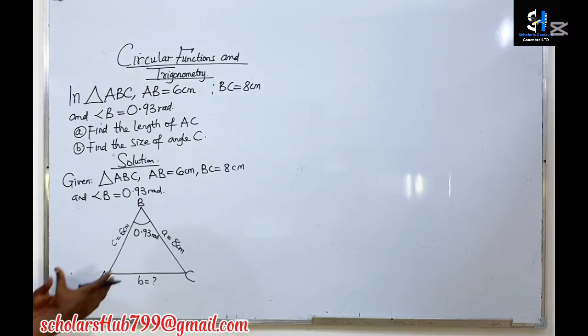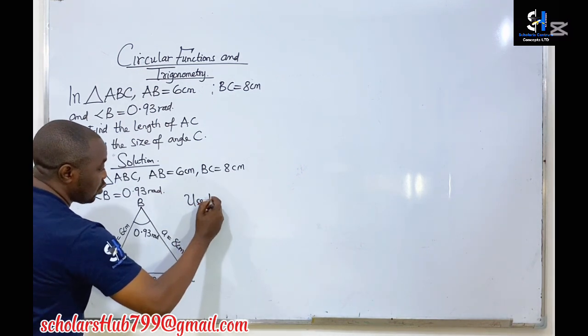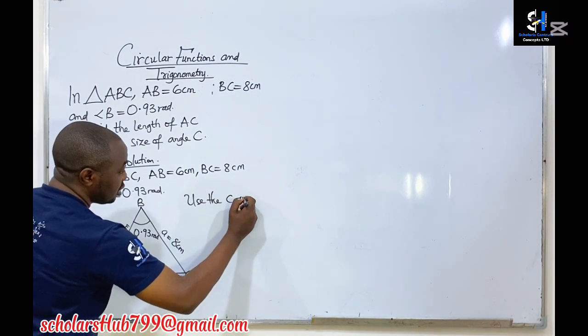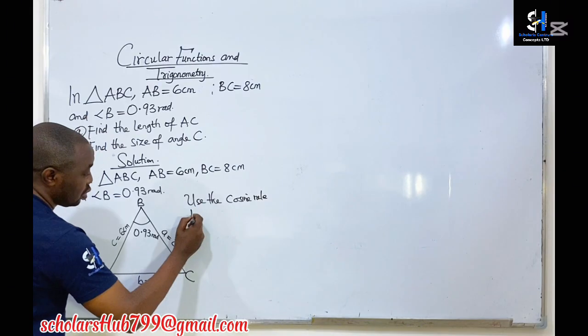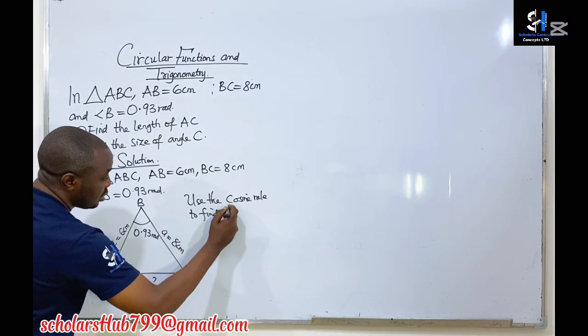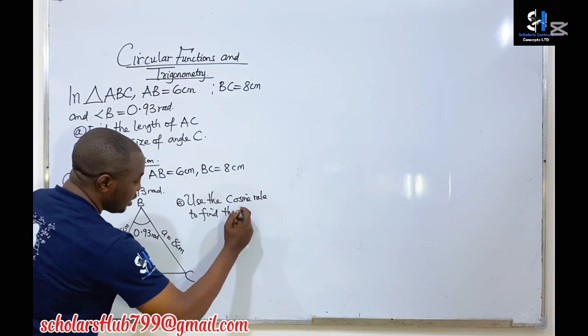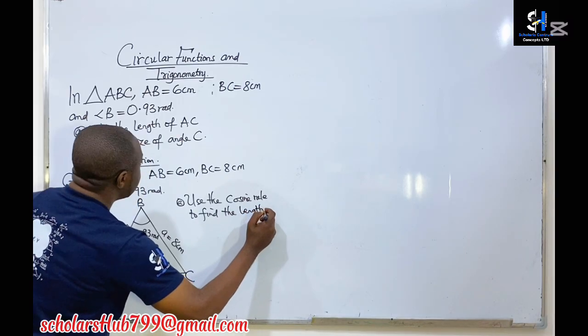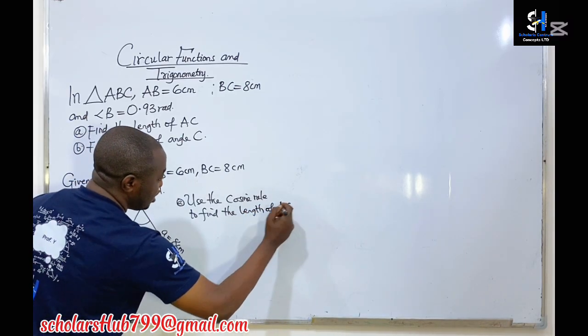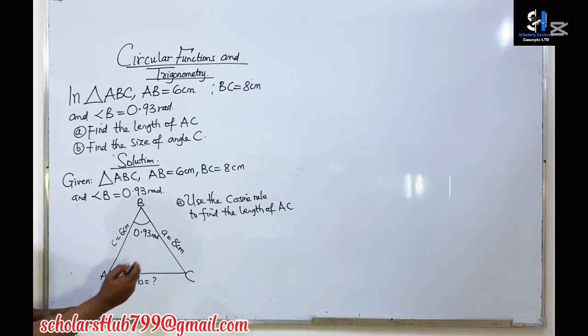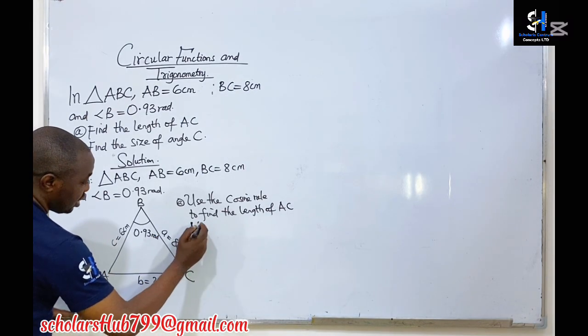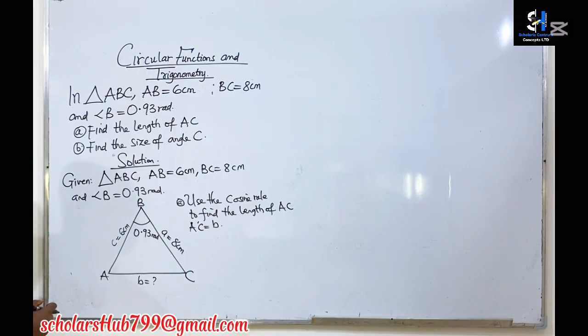Now looking at the information we have according to the question, we can proceed to use what we call the cosine rule. We're going to use the cosine rule to find the length of AC, and we have AC represented with letter b.